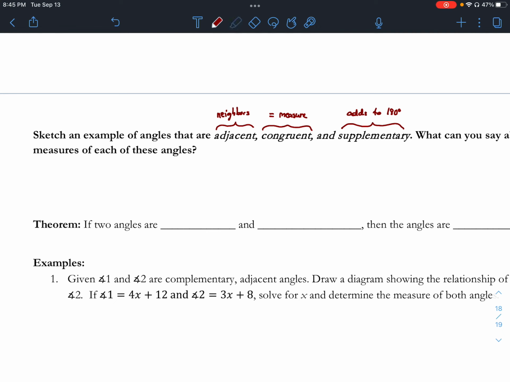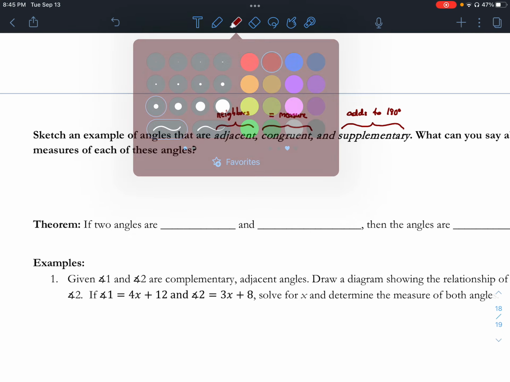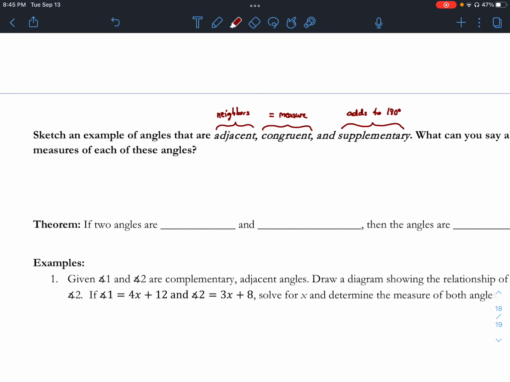If we think about it, I like to start over here with supplementary. That's usually pretty easy to start with just because you know that there has to be some sort of a straight line. Supplementary gives us 180 degrees. And then next thing I'm thinking about is neighbors. So that's a similar picture where we've drawn this extra line here where I could have two angles that are quote unquote neighbors. They share this wall that I have right now.